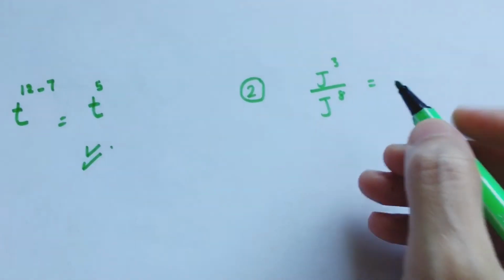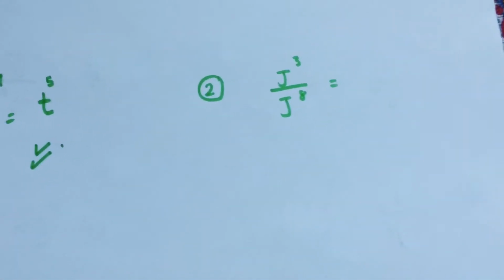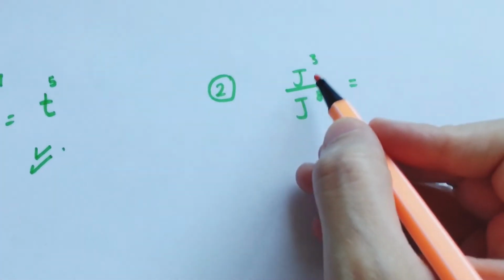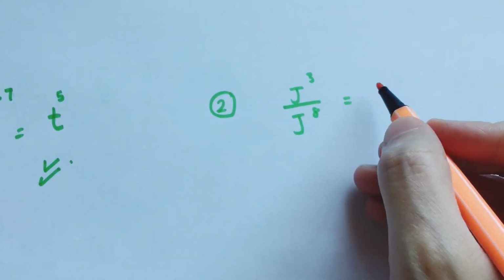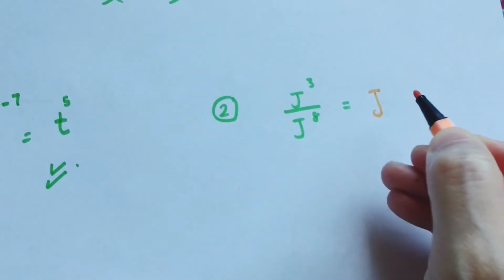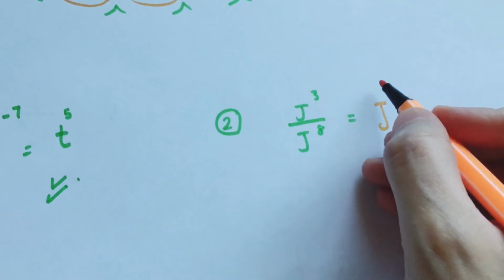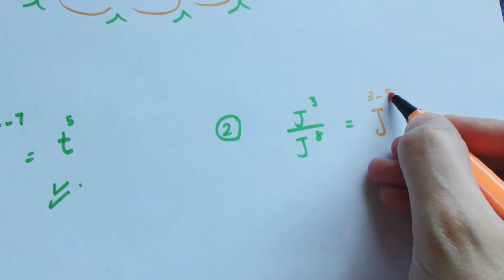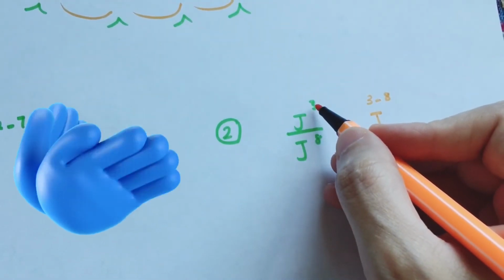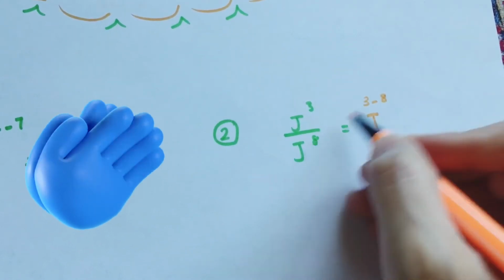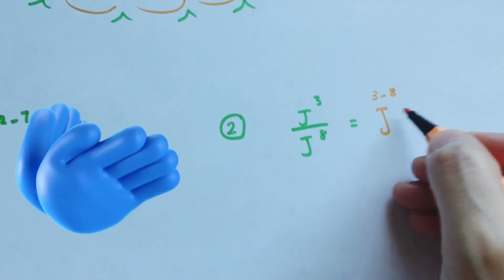Okay, let's go to question 2. j to the power of 3 over j to the power of 8. Now, the same thing, I'm going to keep the same base and I'm going to subtract 3 minus 8. Remember to put the exponent of the numerator first, then the exponent of the denominator.